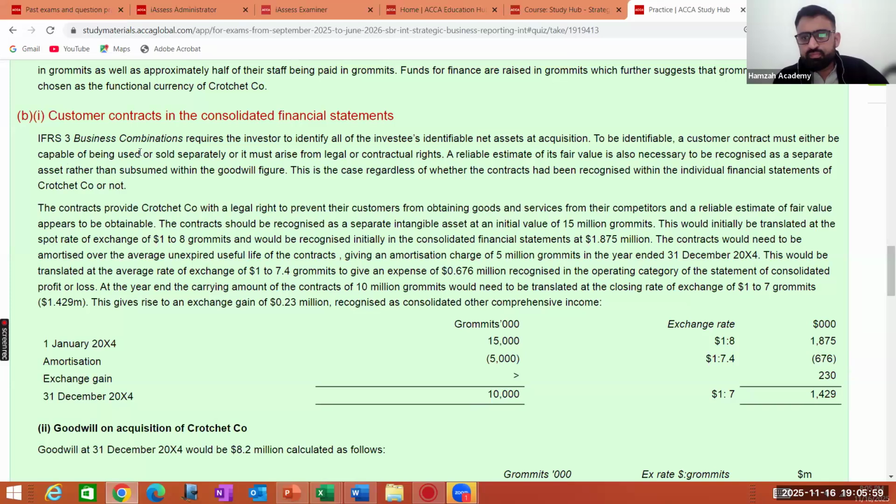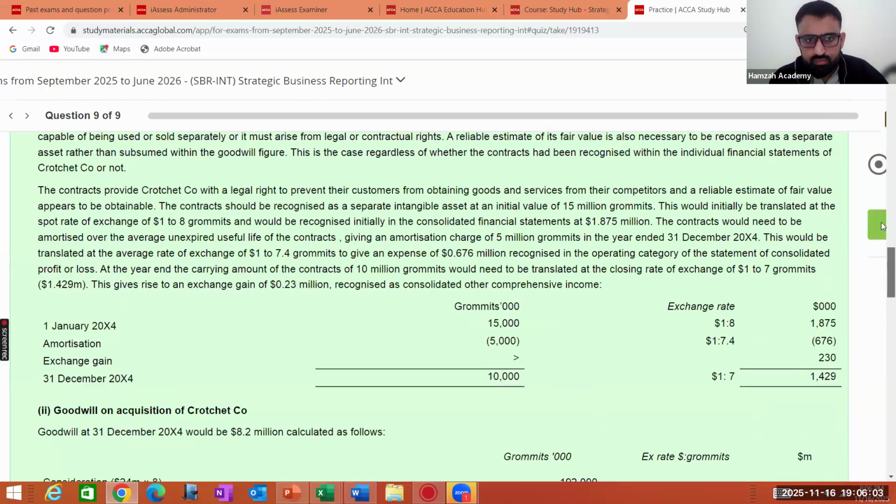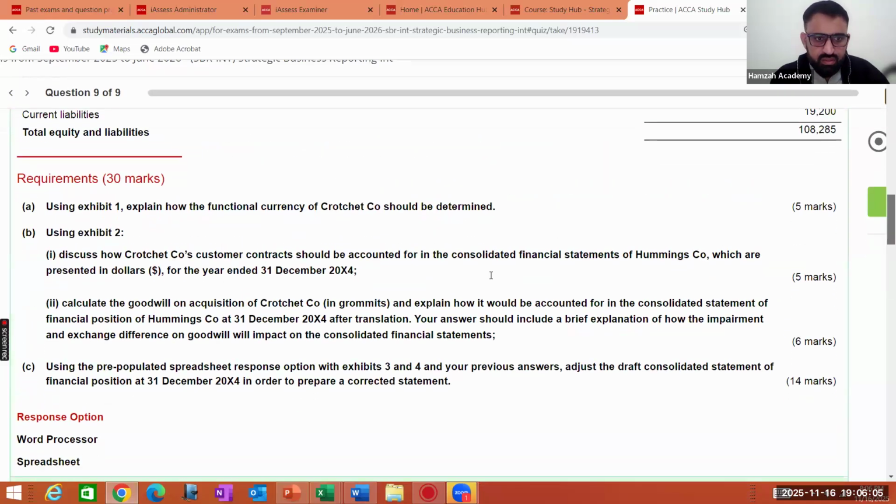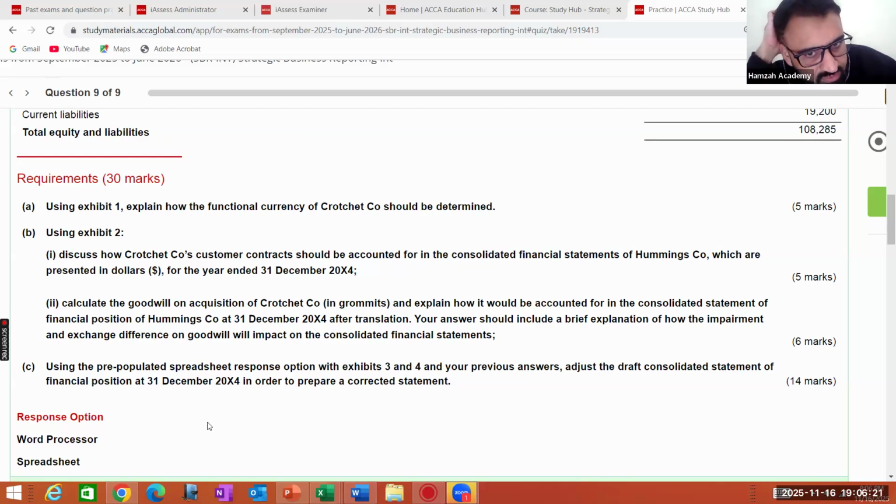Now, the next requirement on the same question is to calculate goodwill on acquisition of the C company in grommets and explain how it should be accounted for in the consolidated financial position of the H company at December X4 after translation.